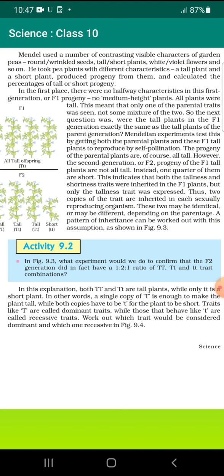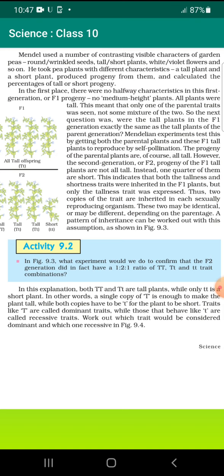The progeny of the parental plants are of course all tall. However, the second generation, or F2 progeny, of the F1 tall plants are not all tall. Instead, one quarter of them are short.